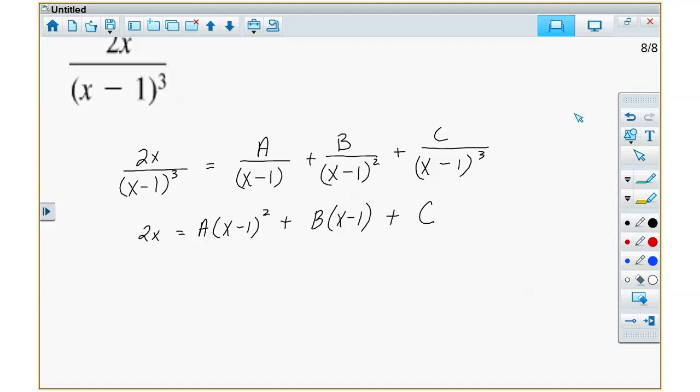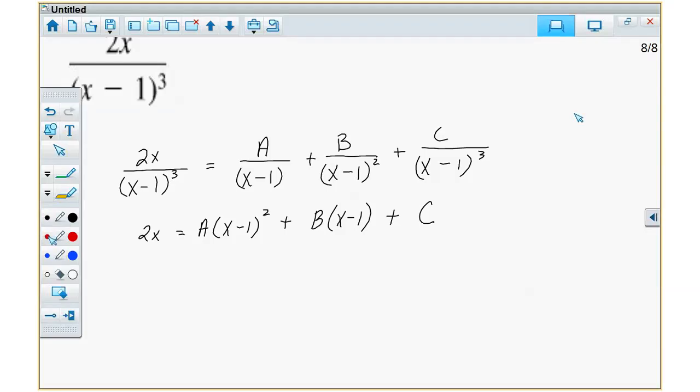And when you plug in plus 1, we get 2 is equal to, plus 1 takes that out, plus 1 takes that out, so C is equal to what? That's when X is equal to positive 1. Okay, so I use that to find C.